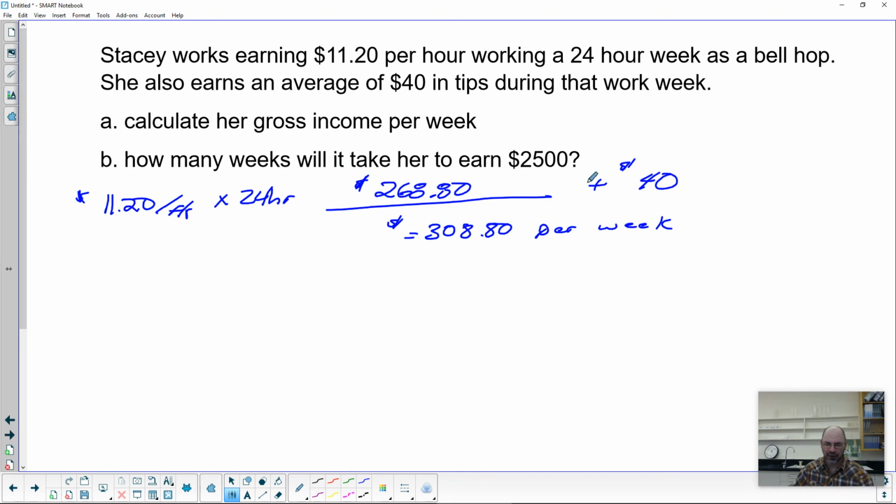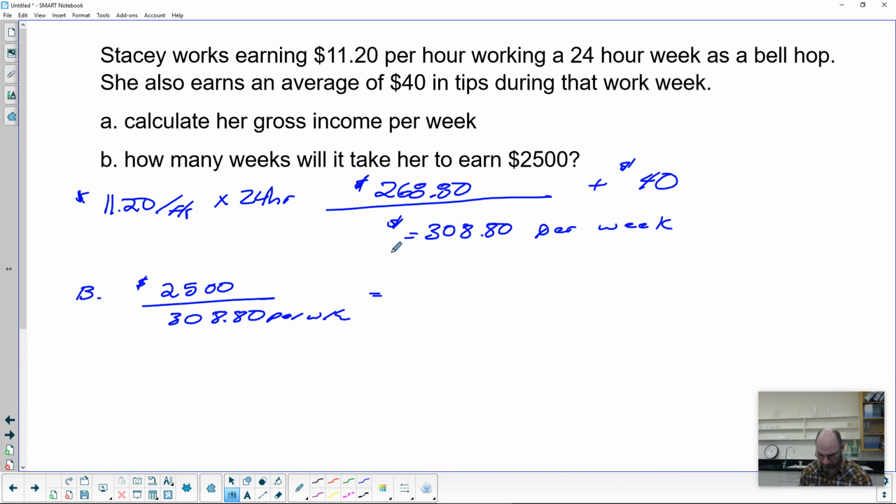How many weeks will it take her to earn $25,000? Well, B, we want to take her target, $25,000, or $2,500, pardon me. And we want to divide it by what she can make per week, 308.80 per week. And that's going to give us how many weeks?